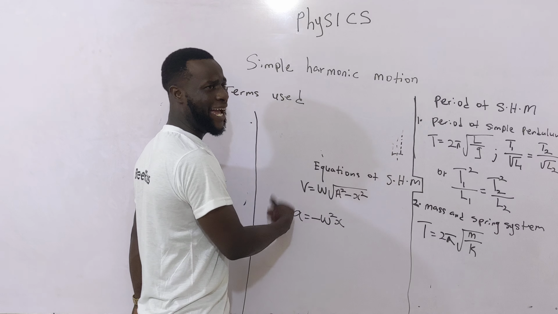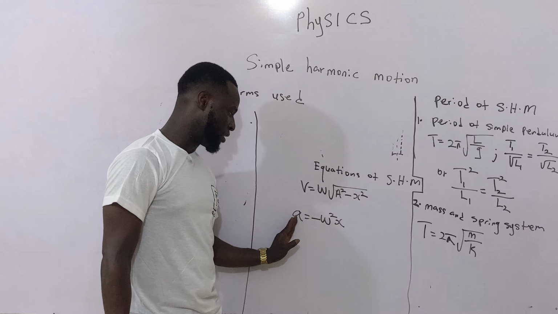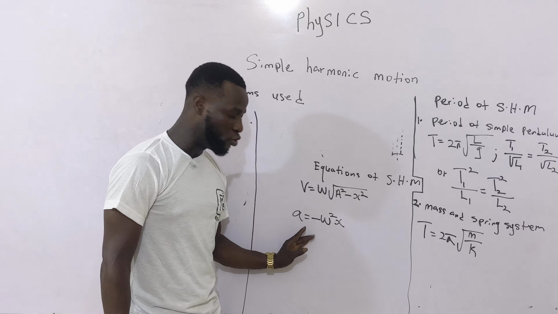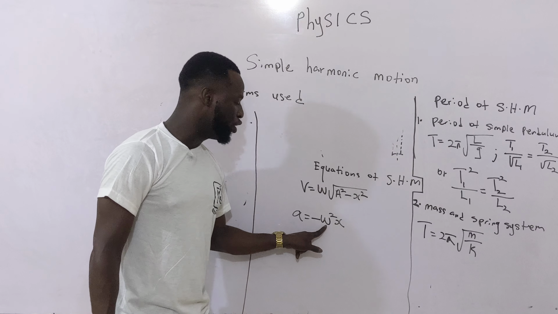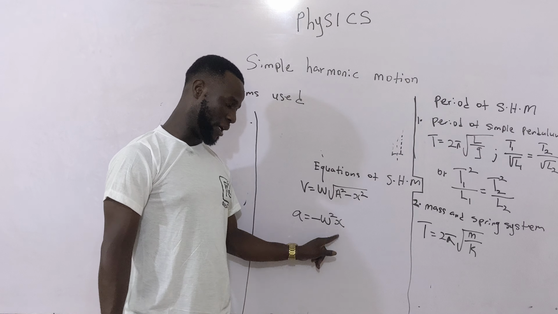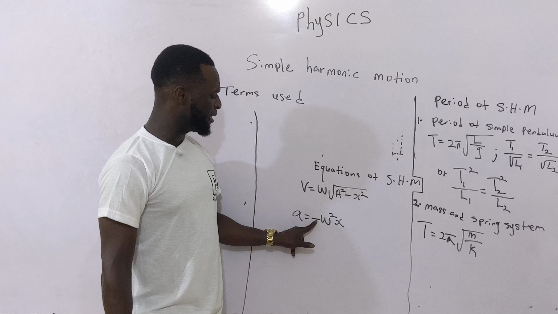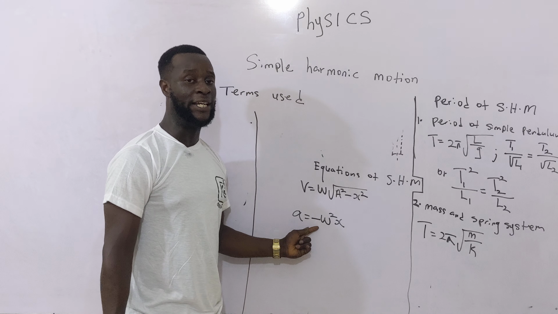The acceleration of the body at a certain distance from the equilibrium position is given by this equation: acceleration a = −ω²x, where ω is our angular speed and x is our distance. Notice that there is a negative sign here. When solving, you do not need to include the negative sign.